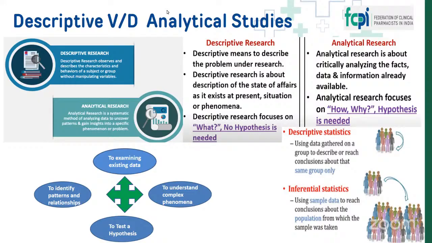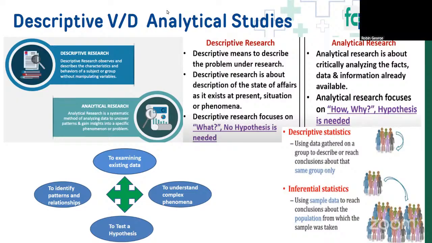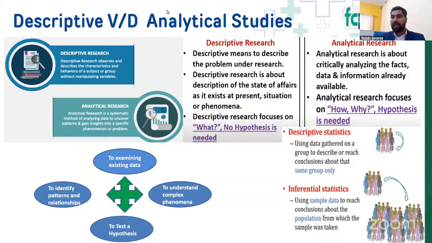I will give you an example. We want to make an association between obesity and hypertension. Everybody just imagine this scenario. Suppose in a village, there are 1 lakh people, and you are conducting a survey.